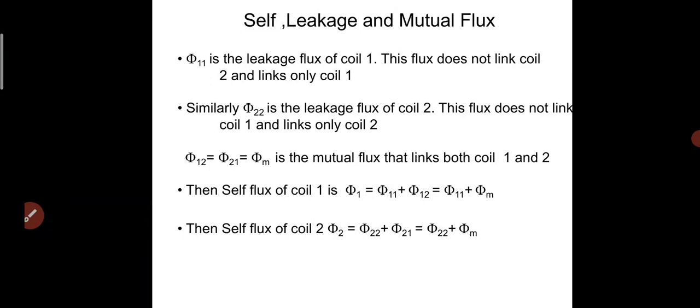Self, leakage and mutual flux. Phi 11 is the leakage flux of coil 1. This flux does not link coil 2 and links only coil 1.